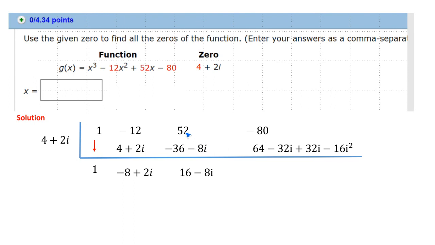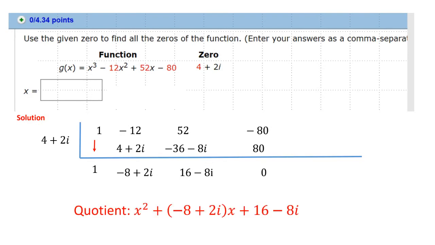If we add the 52 plus -36, I get 16 minus 8i, and then I have to multiply this again times this, and if I do that, I end up with all of this. Notice that my 32i and my -32i will become 0. i squared is -1 times 16, -16, which is +16, plus 64 is going to be 80. Then we end up with our 0.